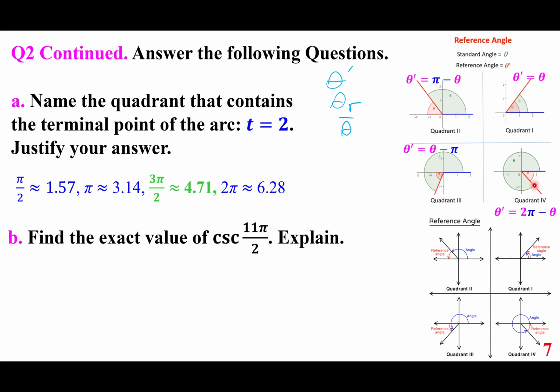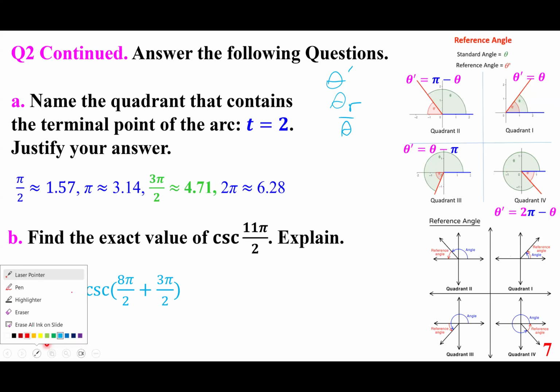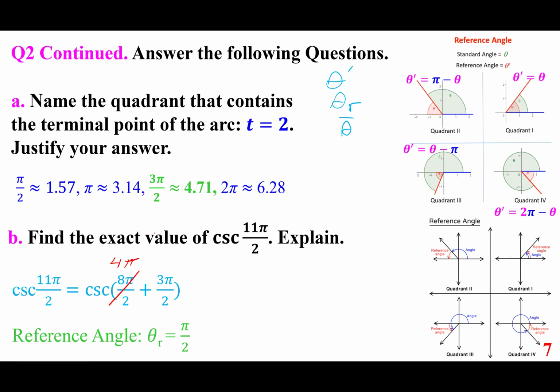Now, this one, 8 pi over 2, means 4 pi, multiples of 2 pi, and so it's the same as 3 pi over 2. Now, cosecant of 3 pi over 2, if you haven't memorized it, is 1 over sine of 3 pi over 2, and it's 1 over -1, and it becomes -1.